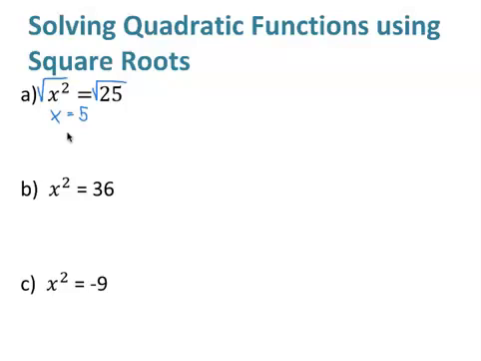There's a little something more we need to think about here. When we take the square root of 25, we're looking for two numbers that, when we multiply them by themselves, give us 25. We know that 5 times 5 is 25. That's one of our square roots of 25.